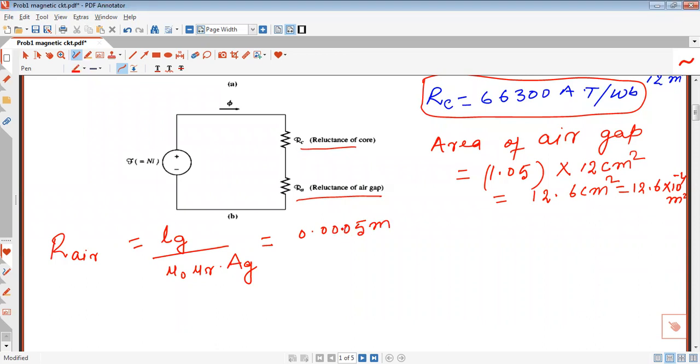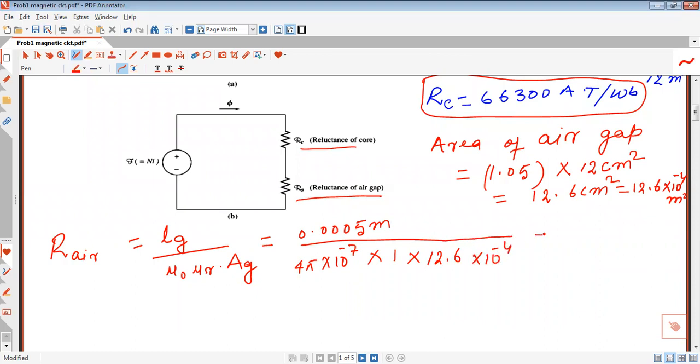It was 0.05 centimeter, so converting it into meter. Mu naught is fixed, 4 pi into 10 to the power minus 7, and mu r for air gap it is 1, for air it is 1, multiplied by area 12.6 into 10 to the power minus 4.